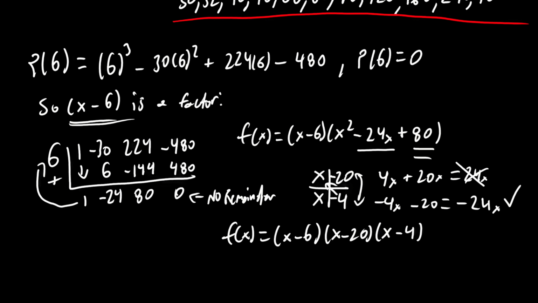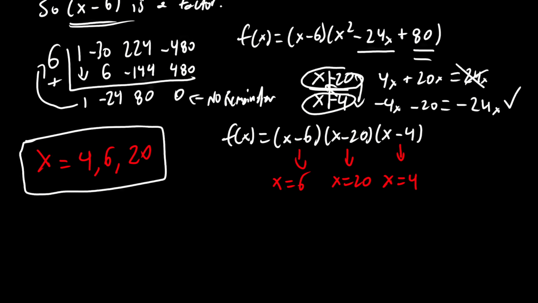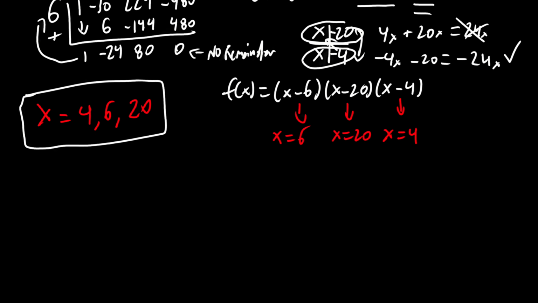Where we get these brackets is we take these side-by-side boxes and put them in brackets. And now what we can do with this is we can take out all of the numbers from the bracket, x equals 6, x equals 20, and x equals 4, meaning that our possible values of x are 4, 6, and 20.